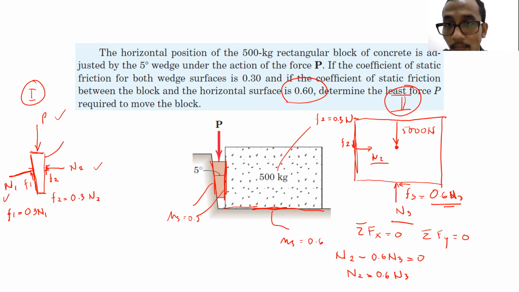What we will have there will be N3 minus F2, which is 0.3 N2, minus 5,000 Newton equal to 0.